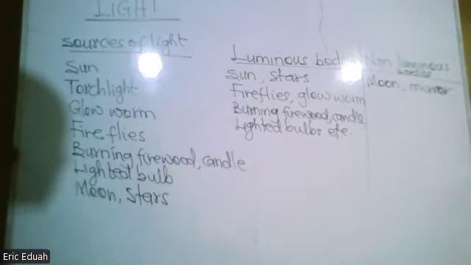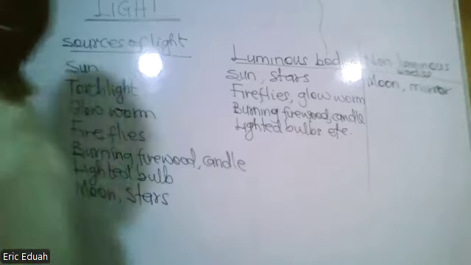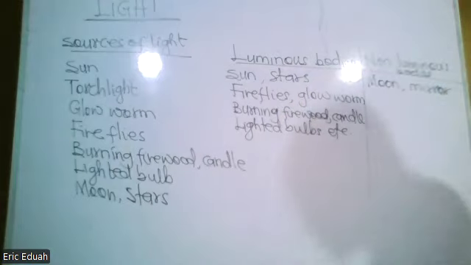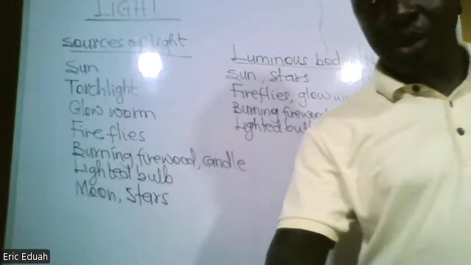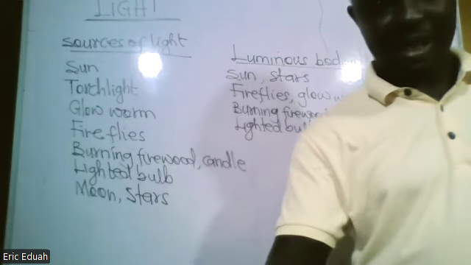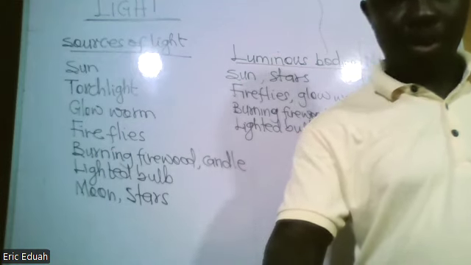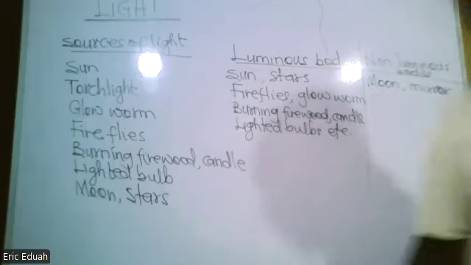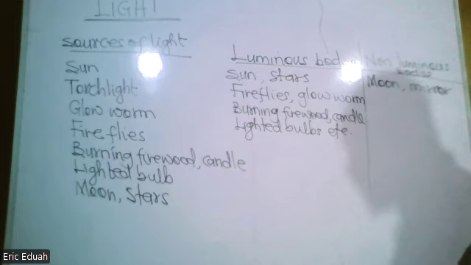Luminous bodies produce their own light. Non-luminous bodies do not, but they reflect the light energy from a source. They say that when you visit the moon, the rocks on the surface of the moon are so shiny. I think clearly that is because it reflects light from the sun.